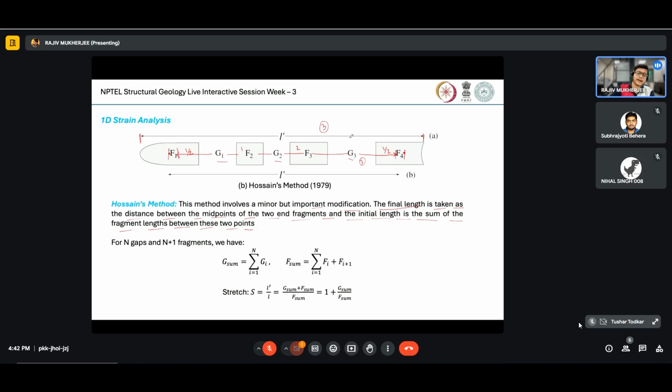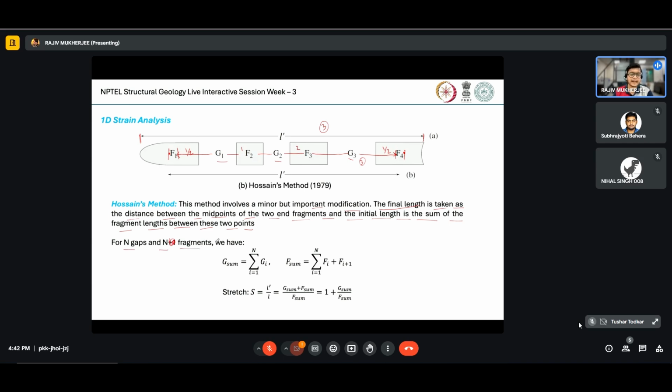In the case of Ramsey's method, we had four fragments and three gaps, but following Hossain's formula, we came down to three fragments and three gaps. So for n gaps, there will be n number of fragments, not n plus one fragments.